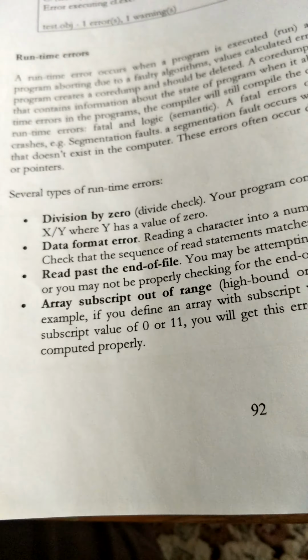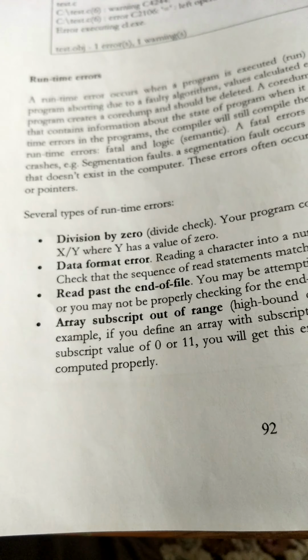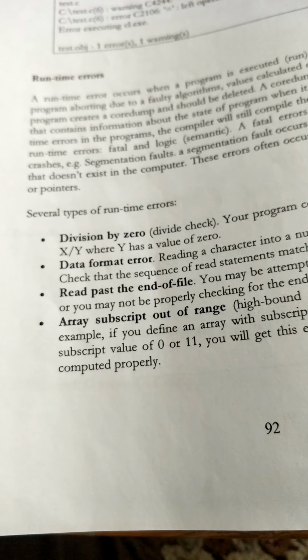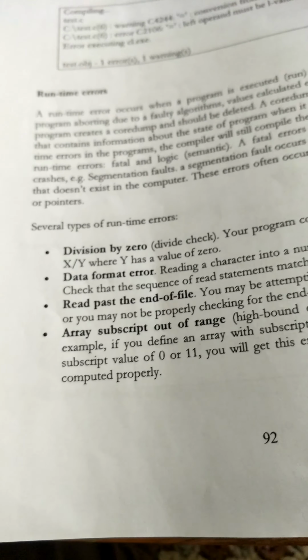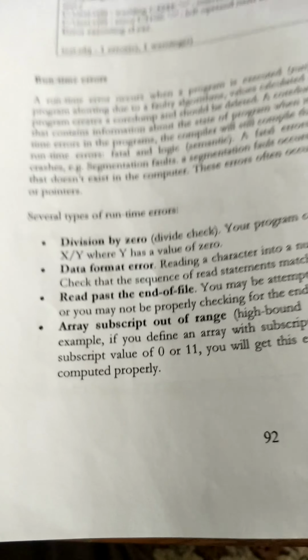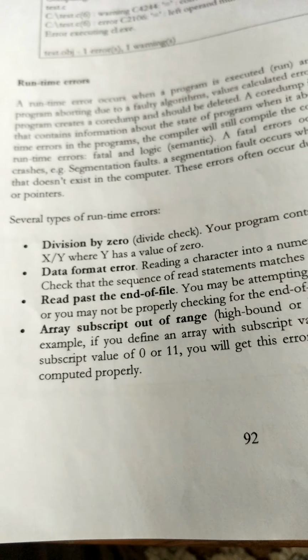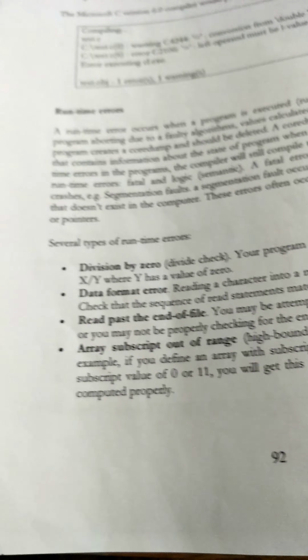For example, you assign an array of index 5, but when we want to use it, it goes to 6 or even beyond. So that also gives you an error.